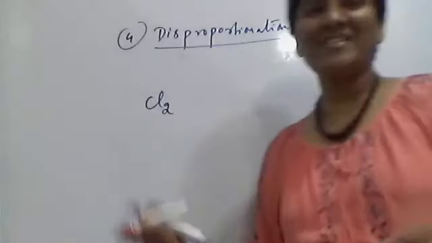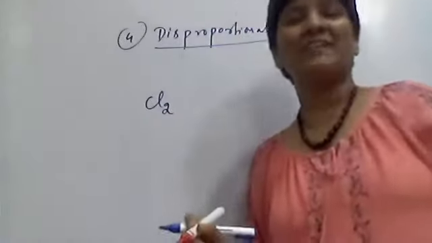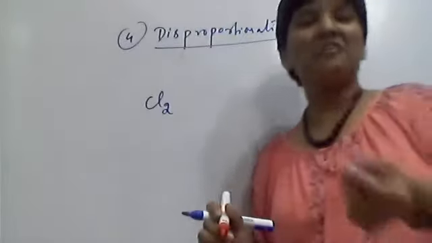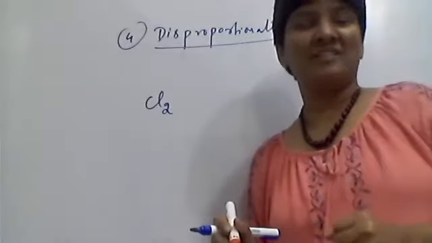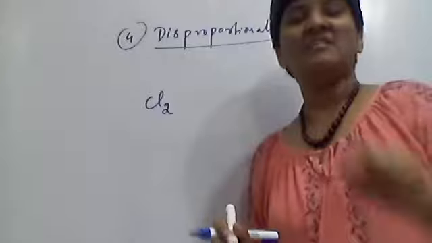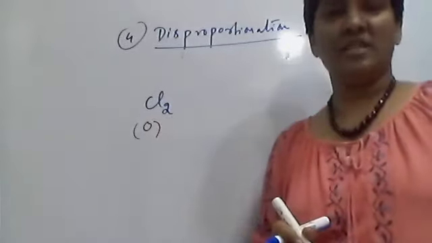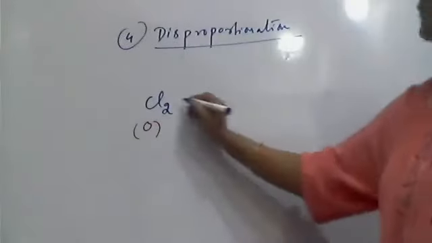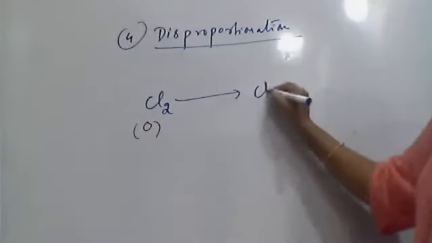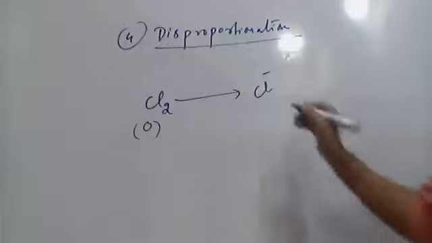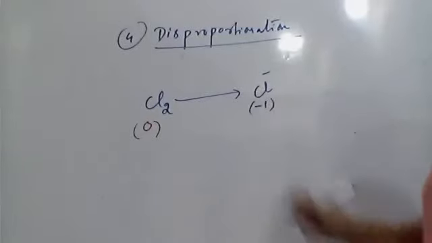So Cl2 is the elemental state of chlorine. We know that every atom in its elemental state, that is the free state, is 0. So here chlorine is 0. Now, if this chlorine changes to Cl minus, chloride, meaning the charge is minus, what is this called?